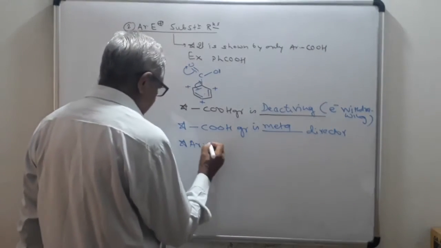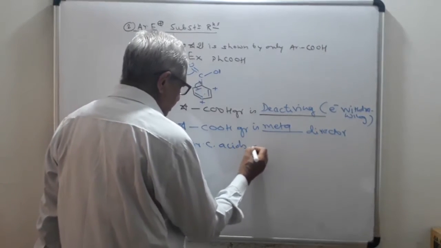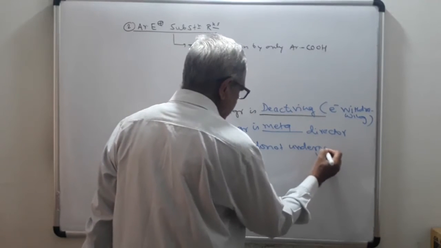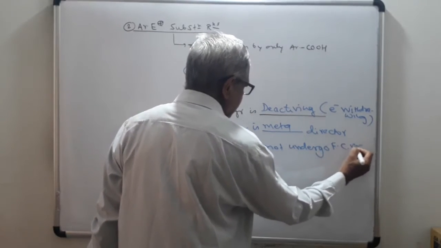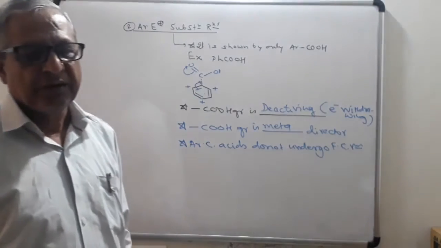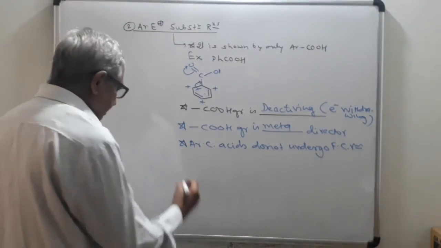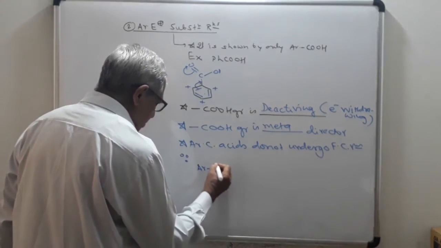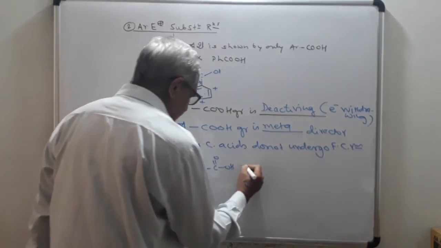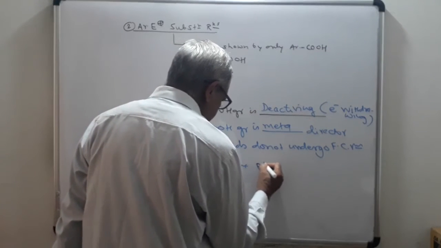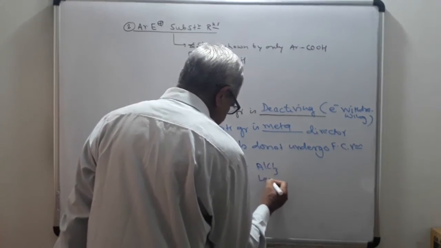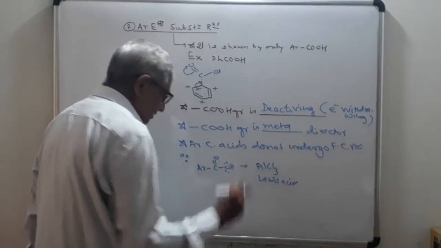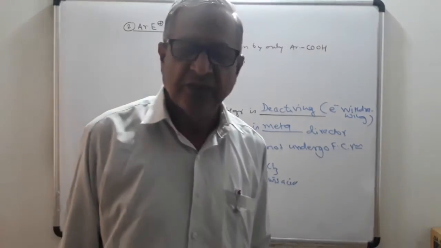Aromatic carboxylic acids do not undergo FC reactions. FC reactions are of two types: Friedel-Crafts alkylation and Friedel-Crafts acylation. I will explain here why: ArCOOH, this is your Lewis acid, AlCl3, Lewis acid. You know that Lewis acid is electron deficient. It is electron deficient.